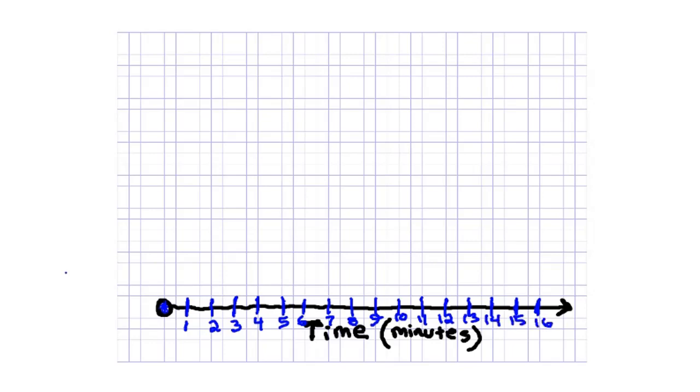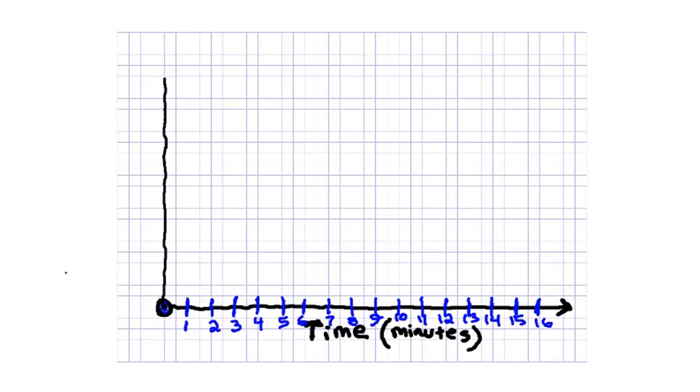Now we're going to make our amount line, and we're going to start at the same place the time started, at 0. We only have 1 0. We have to use 0 for both the time and the amount line. And so we're going to draw a straight line up, as straight as we possibly can, following this line on the graph paper.